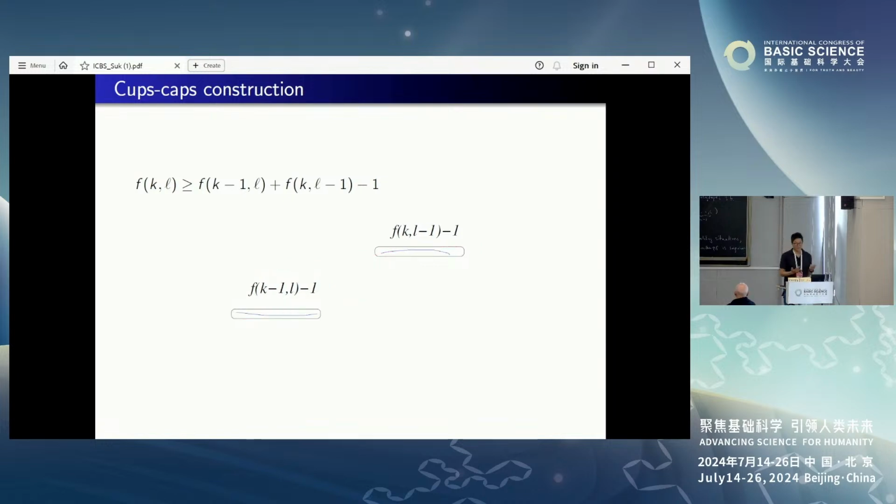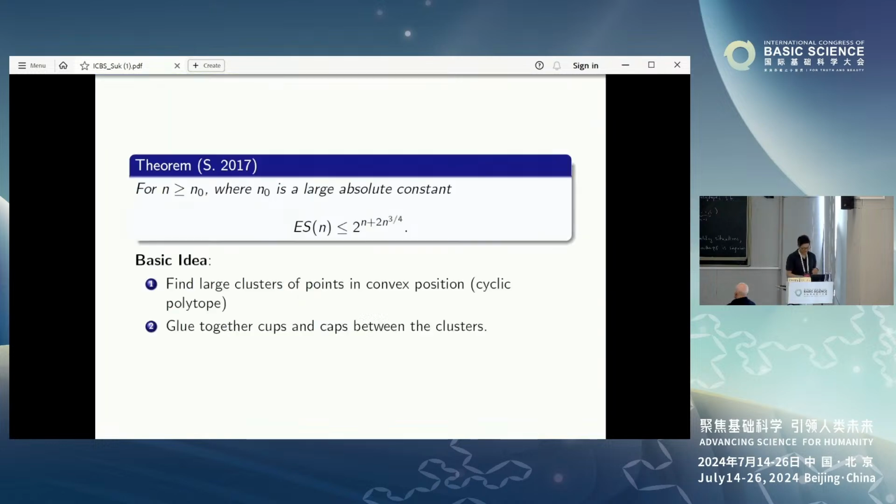You can take the largest cup from this bottom set and glue them together to get a rather large one.